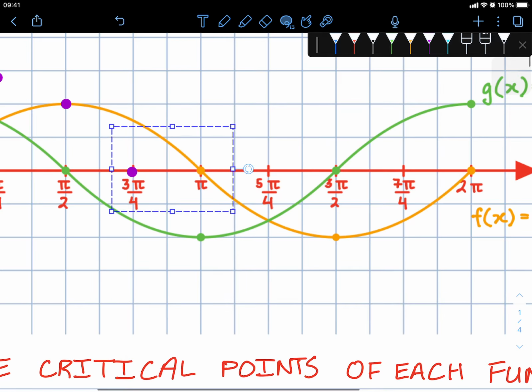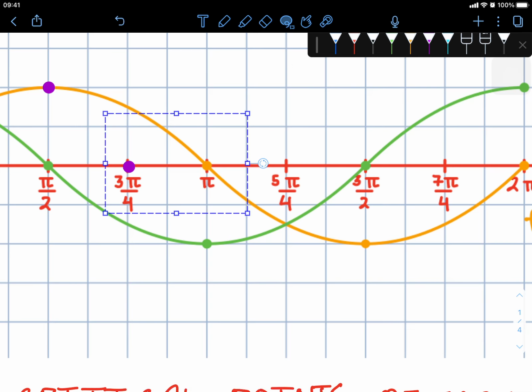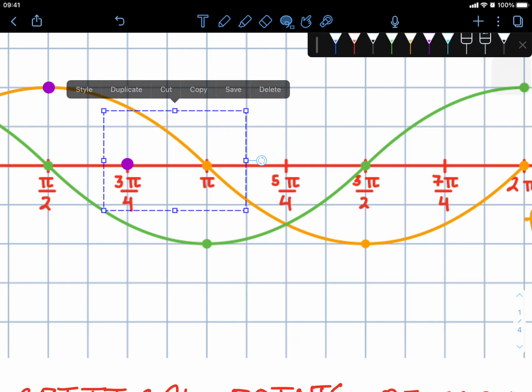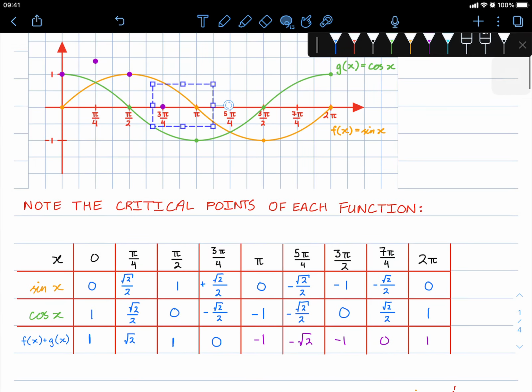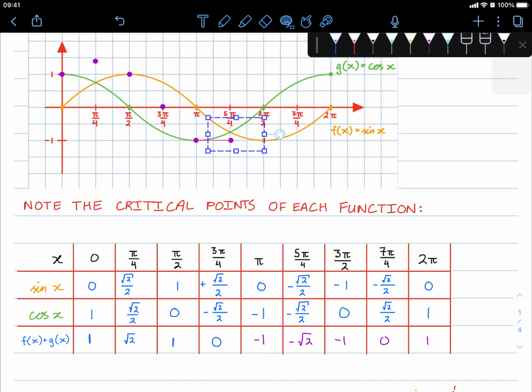Let's try and make it neat there. There we go, nice and neat. Come on, right in the middle. That's as close as I can get it. And then at pi, it's at negative 1. Then at 5 pi on 4, it's at negative root 2.